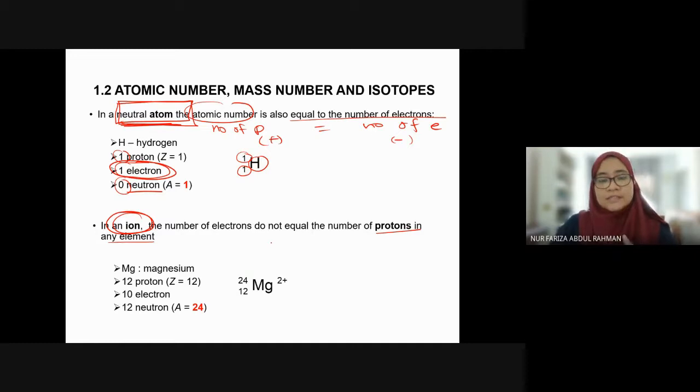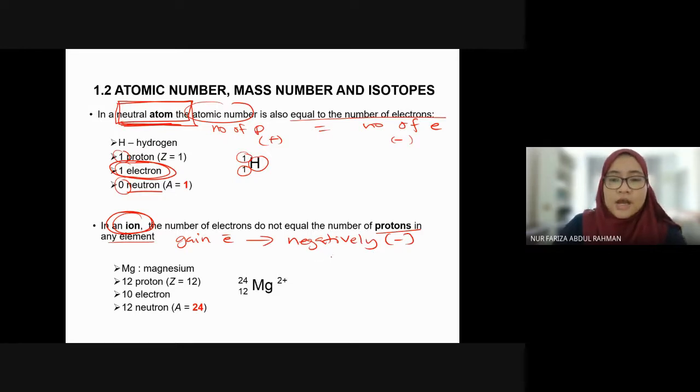If it gains electron, it becomes a negatively charged ion. If it donates its electron, or loses its electron, it becomes a positively charged ion.